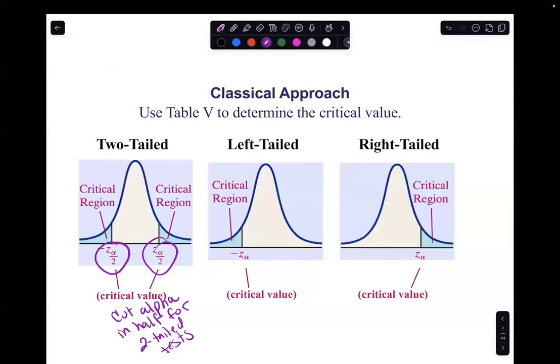And once again, remember that left-tailed critical value always negative. For a right-tailed, my critical value is always positive. There we go. Any questions? Are we okay? We're good?